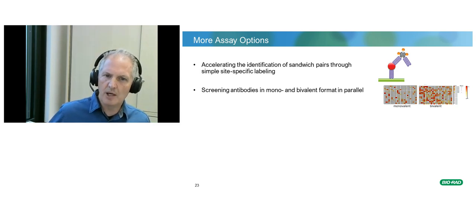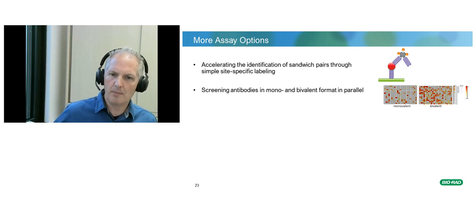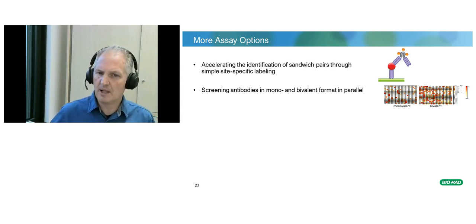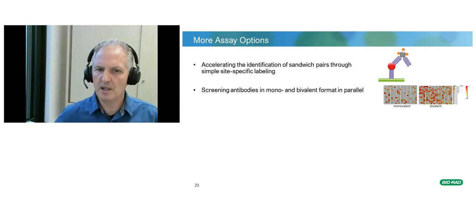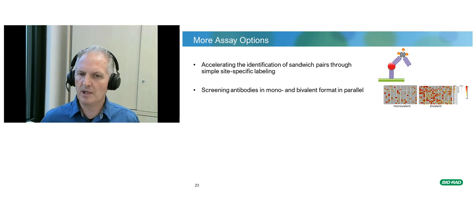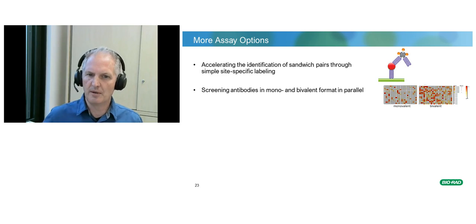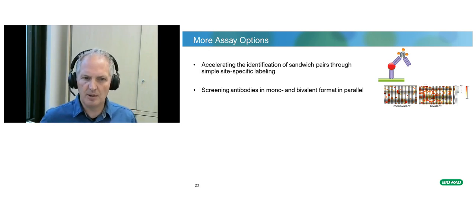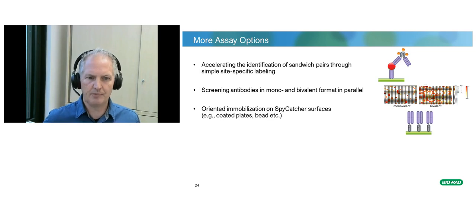But if you do the screening only in the monovalent format and you screen on some closely related antigens on which you do not want to see binding, you can do so. But if you then later switch to a bivalent format for your final assay, then it could happen that you suddenly see some cross-reactivity on the closely related antigen, which you see only in the bivalent format. So we can do the screening on the antigen in the monovalent format and screening on closely related antigens in the bivalent format, and this way choose the best antibodies right away at the screening level.